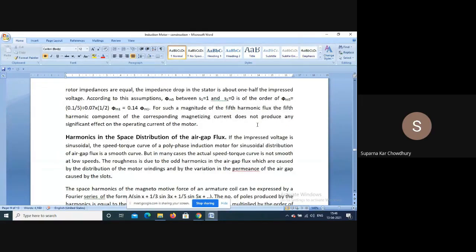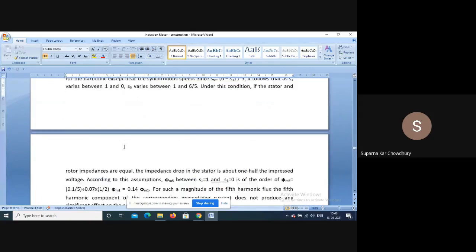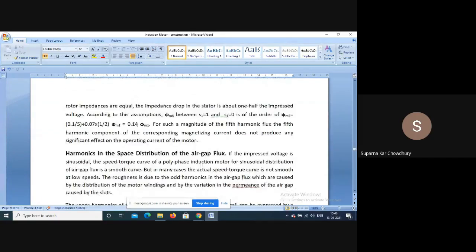According to this assumption, phi M5, between S1 equal to 1 and S1 equal to 0, is of the order of 0.14 phi M1.